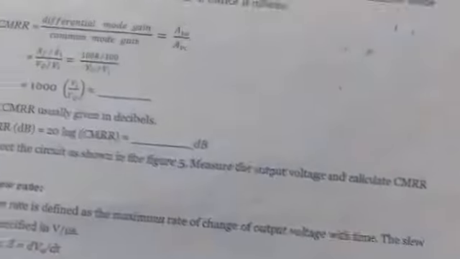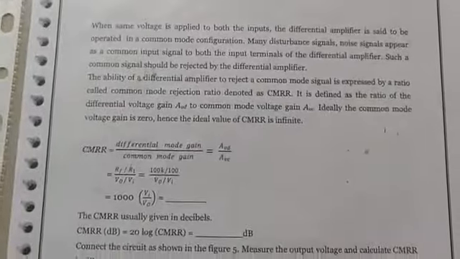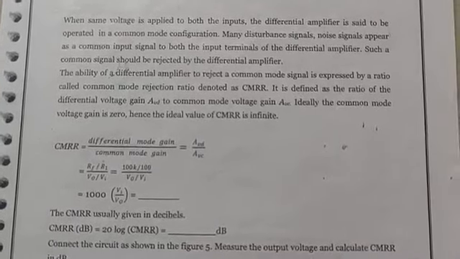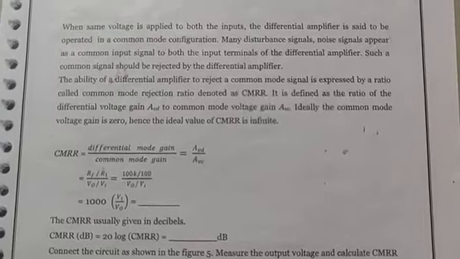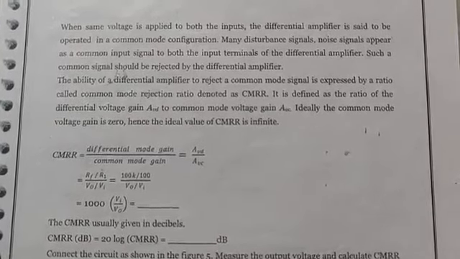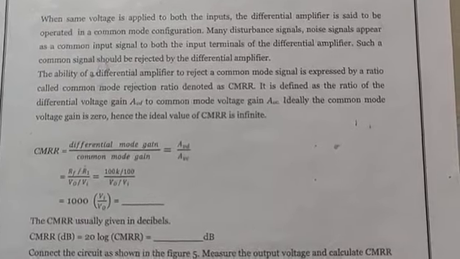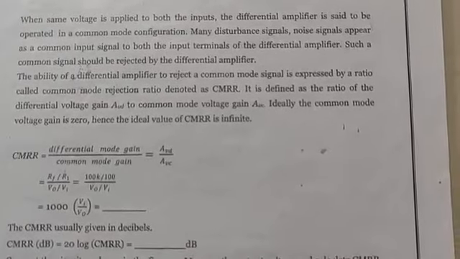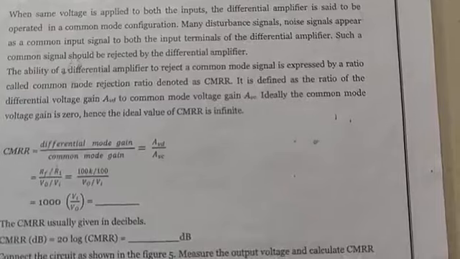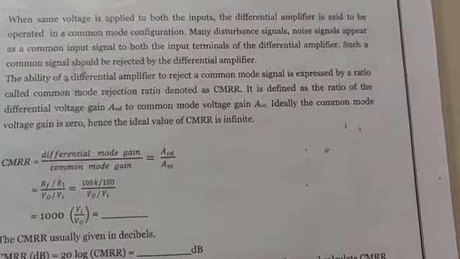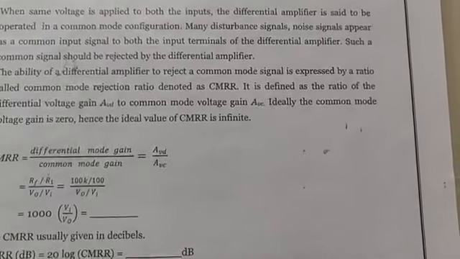Now, what is CMRR? You can see in a synopsis. CMRR is nothing but the ratio of differential mode gain upon common mode gain. That means AV differential upon AV common mode gain, AVD upon AVC. What is the differential mode gain? Differential mode gain is nothing but RF upon R1.